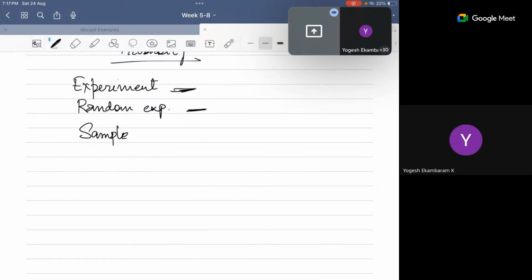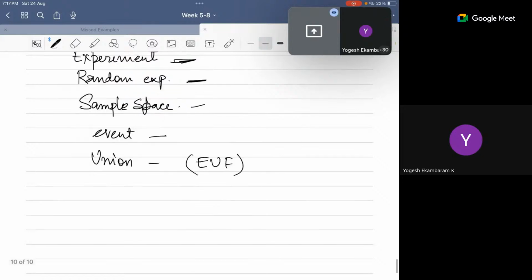All the outcomes that you get form the sample space. An event is a collection of basic outcomes. And union of events you are already aware of. I guess you have already read about the Venn diagram. You just write it as E union F, correct?